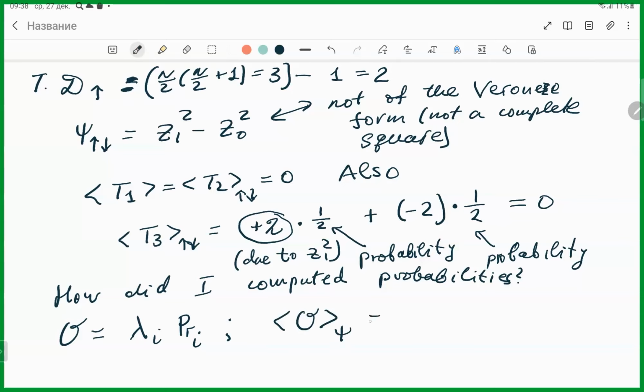This formula means that I have lambda i, and here I have the trace, which is a sum over i.